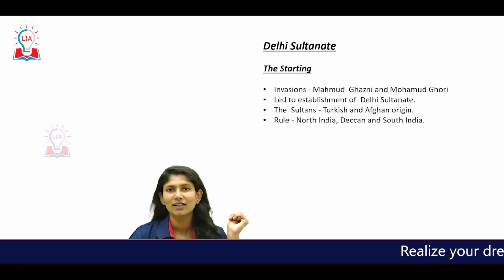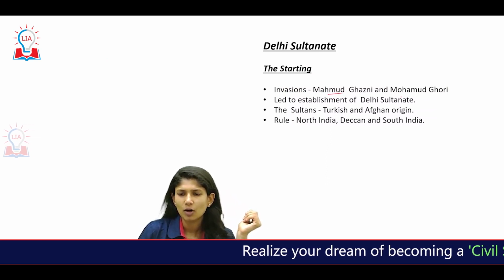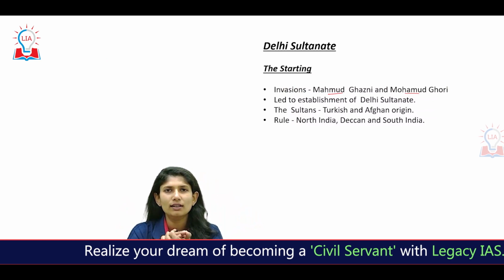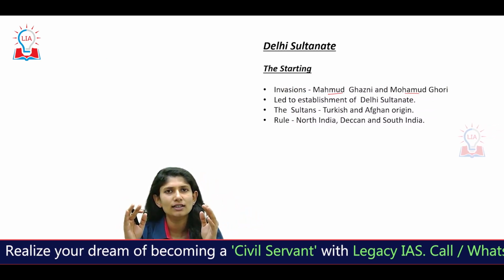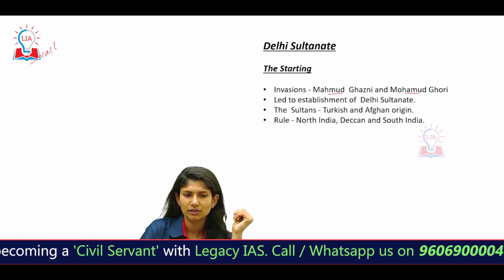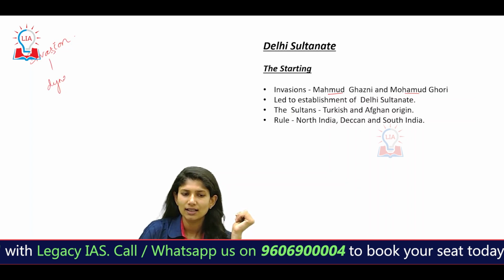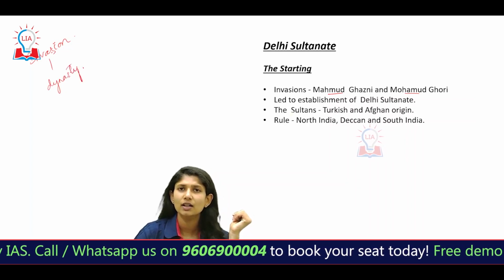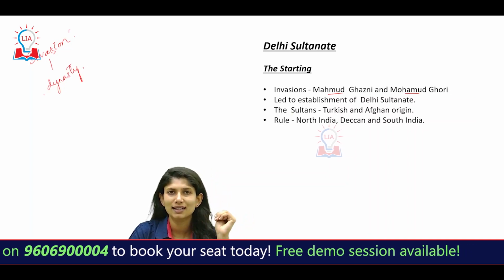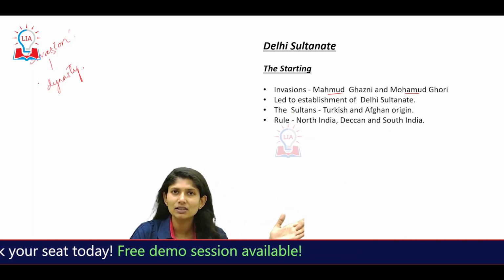Now, look at this. What is the starting? Muhammad Ghazni, Muhammad Ghori. There is a difference between calling something an invasion and calling something setting up a dynasty. First, understand the difference. During the time of Muhammad Ghazni and Ghori, they had set up their empire and dynasty elsewhere.